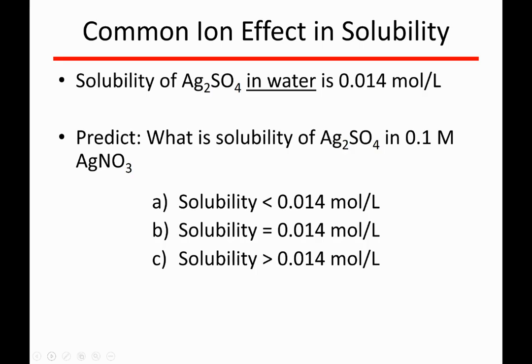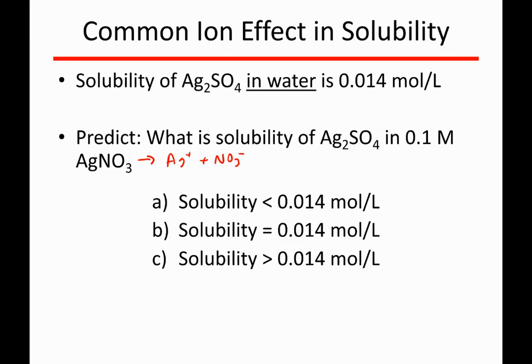All right, so having given you a chance to answer this question, it's helpful to recognize that in this 0.1 molar AgNO3 solution, AgNO3 is a soluble compound. It breaks up completely into Ag plus and NO3 minus. And so this solution will already contain some Ag plus ion.